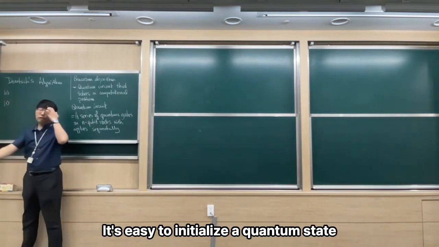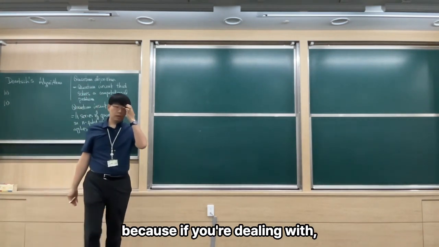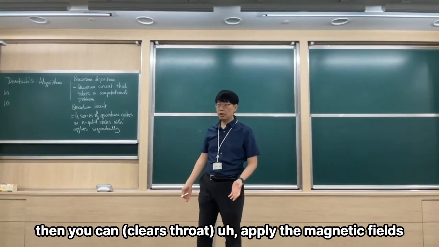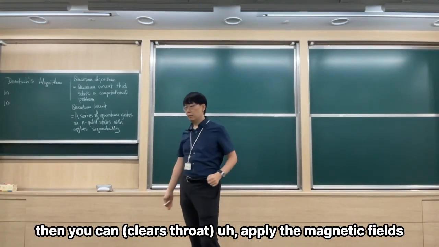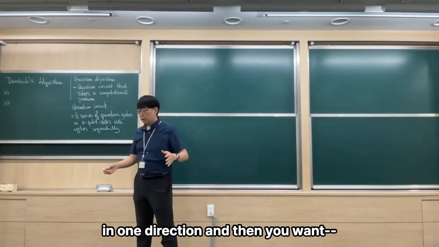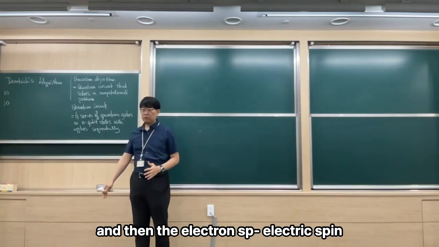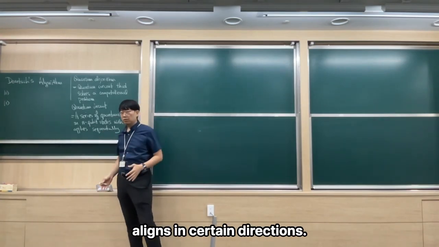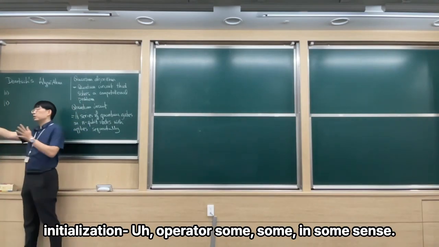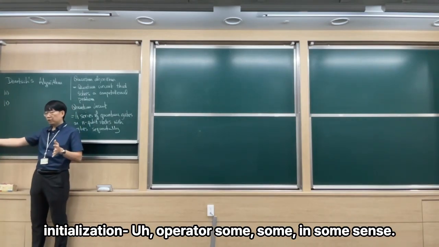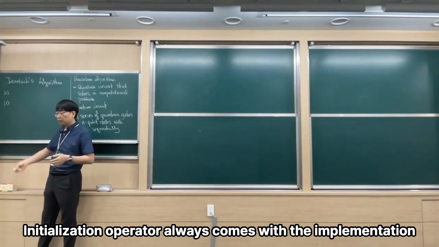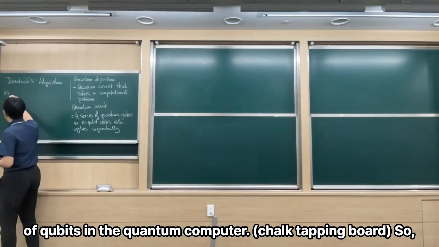It's easy to initialize a quantum state because if you're dealing with electron spin, then you can apply the magnetic field in one direction, and then the electron spin aligns in a certain direction. So initialization, in some sense, always comes with the implementation of qubits in the quantum computer.